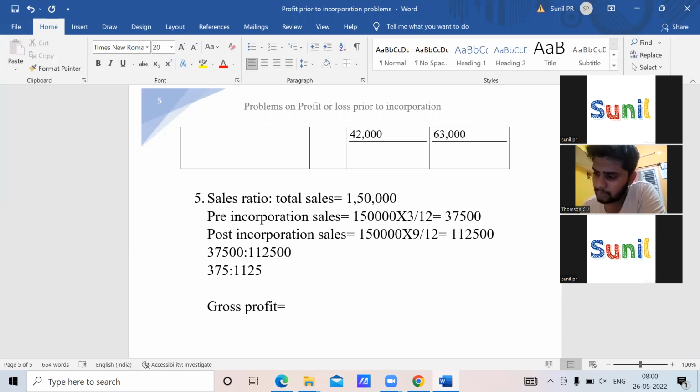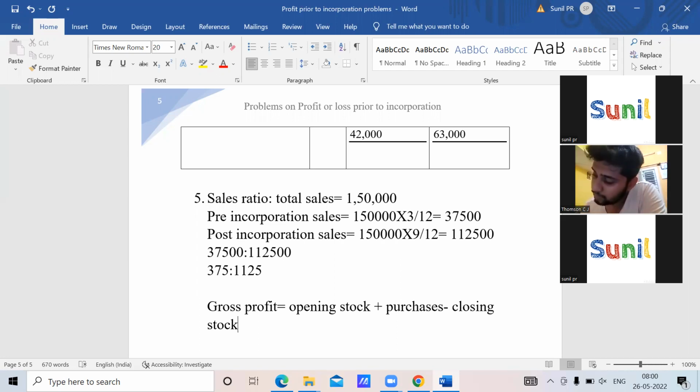You take opening stock, you will add purchases, minus closing stock. You take the first thing, opening stock, add purchases, and then you deduct the closing stock.